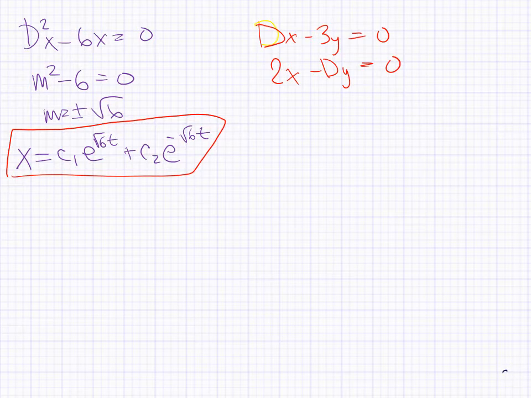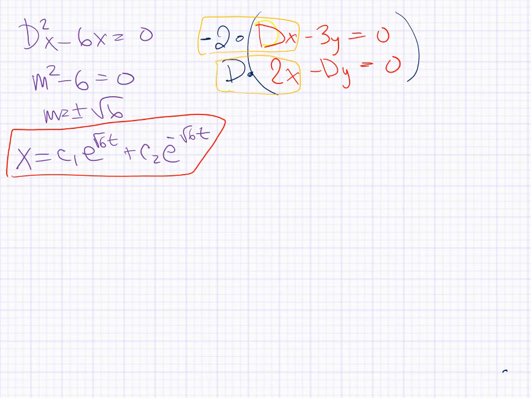If I multiply the first one by -2, and I operate on the second one with a derivative, then I'd have minus 2Dx and a plus 2Dx, and they'll cancel out. So I'll have to multiply in here, here, and here, and operate with the derivative here, here, and here.